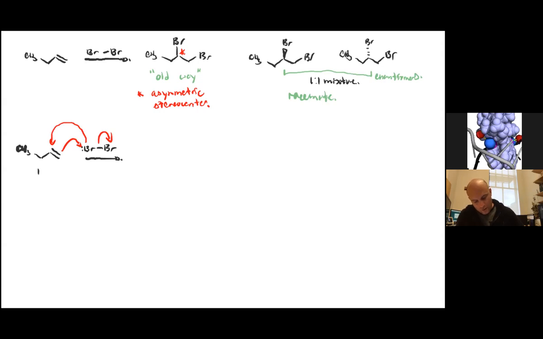That alkene, of course, is planar, so I can draw it from a different perspective. And just like in the other case with the carbocation, where I had bromide attack either from the top or bottom, I can have the bromonium ion form from either the top or the bottom face of the alkene. Okay. And so I will draw those two structures here.